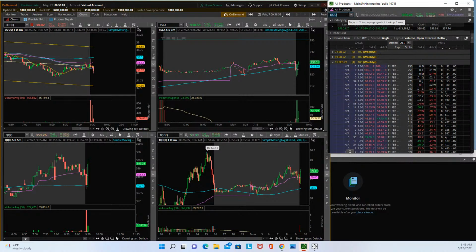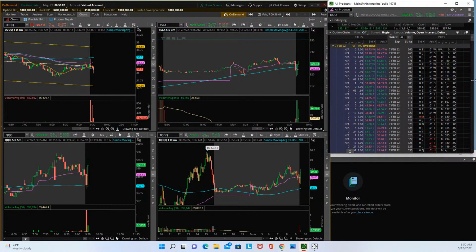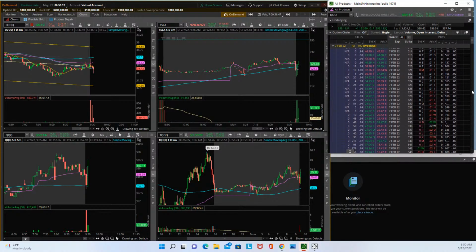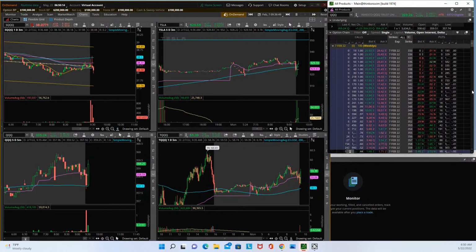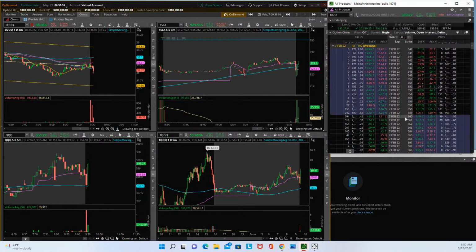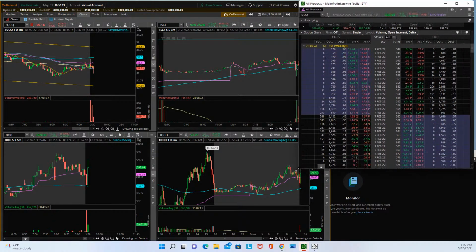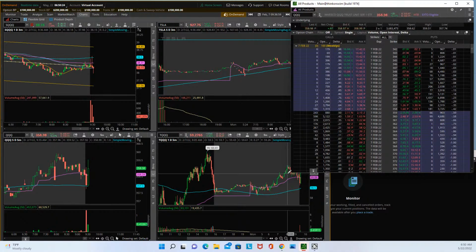Let's look at the QQQs for that same day expiration, and option 360. In order to pick options, you want to go with something that has nice volume. Whole numbers are always good.